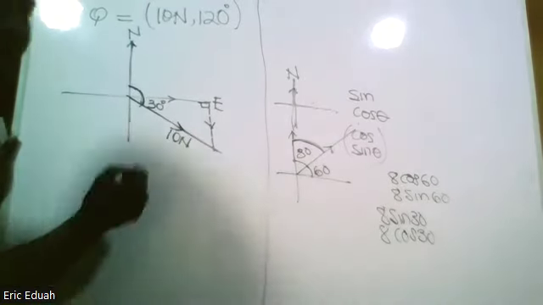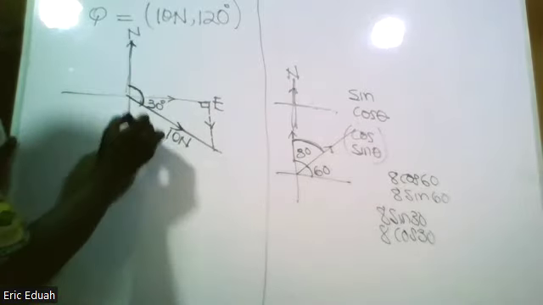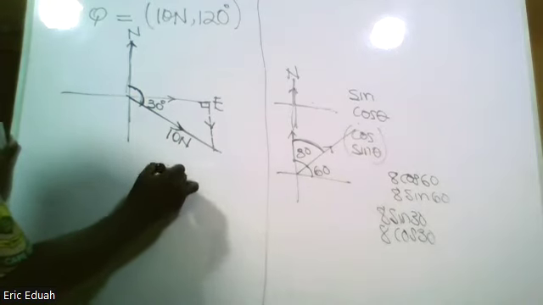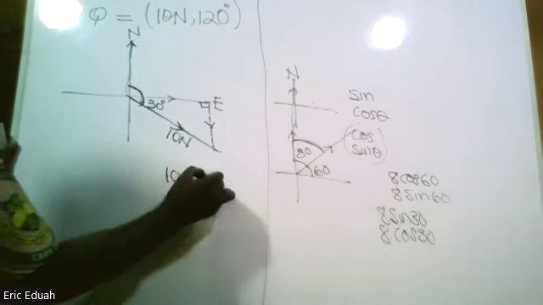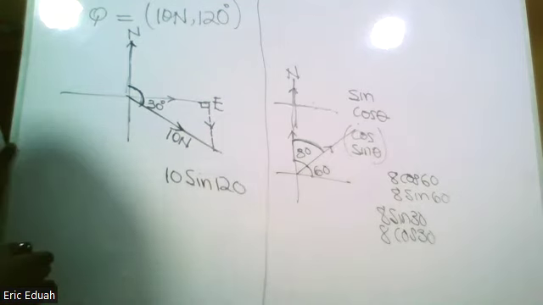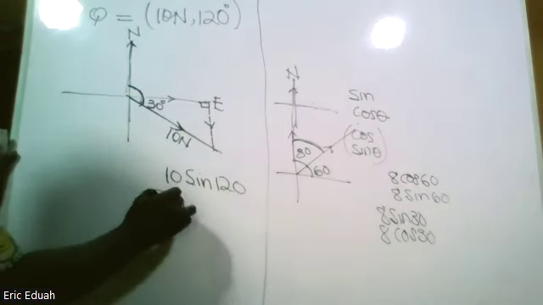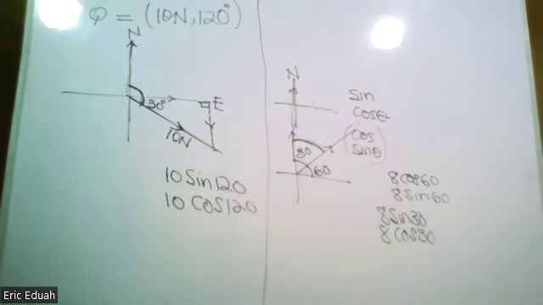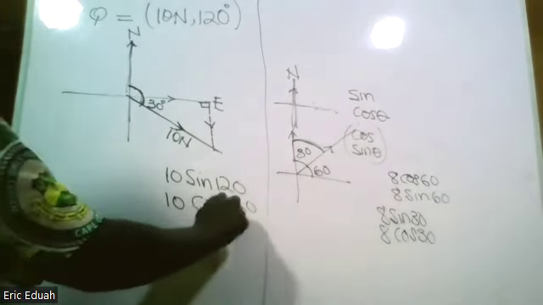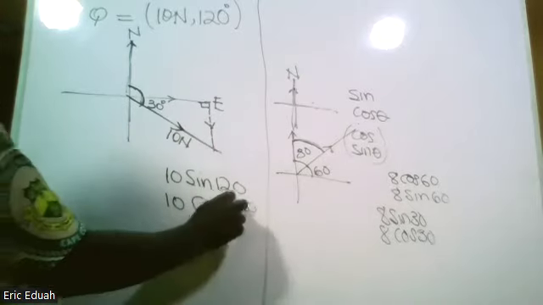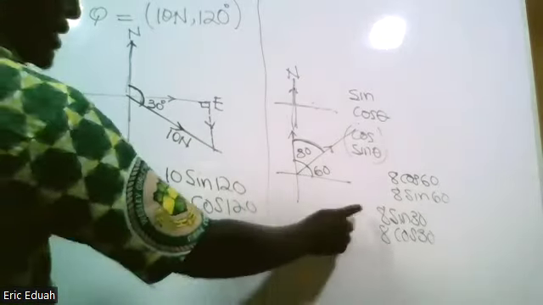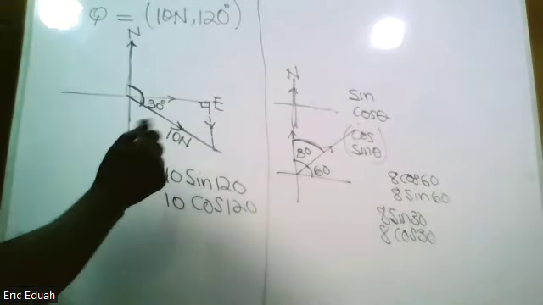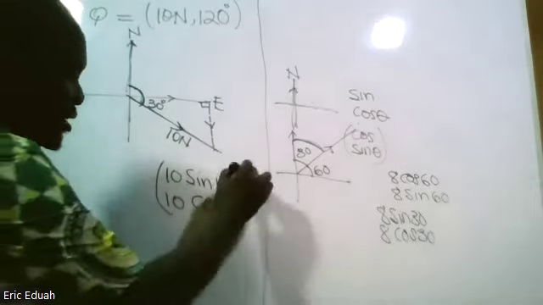So the vector can be 10 sine 120 and then 10 cos 120. This is because this is the angle it makes with the y-axis, and so the order is sine, cos. Now, I can resolve it using this.